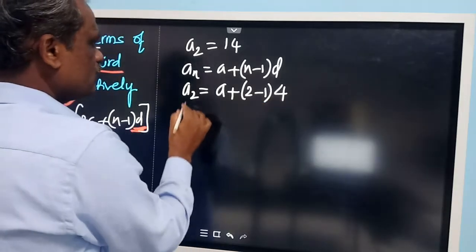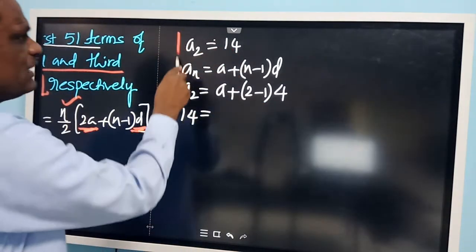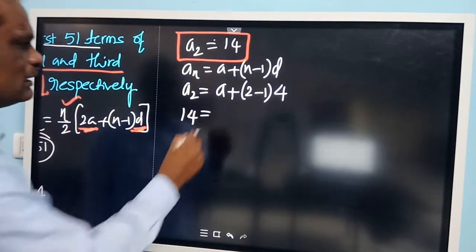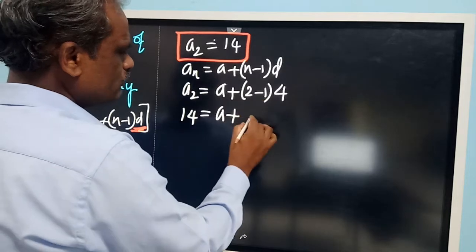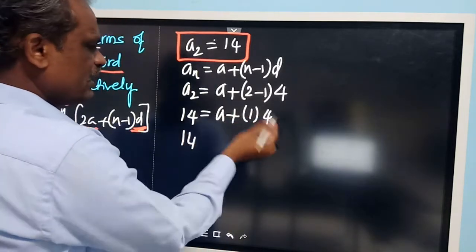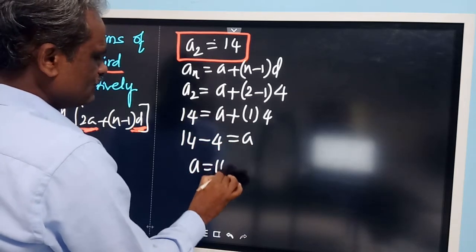Since A2 is given as 14, you write 14 in place of A2. So 14 equals a plus 1 into 4. Transfer this 4 to the left side, so a is equal to 10.